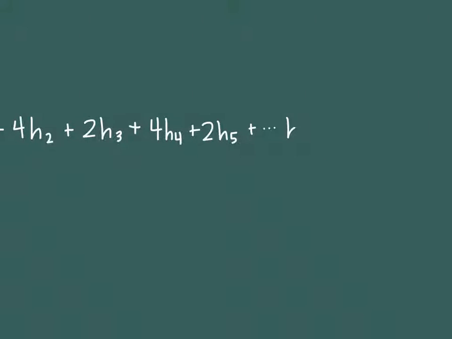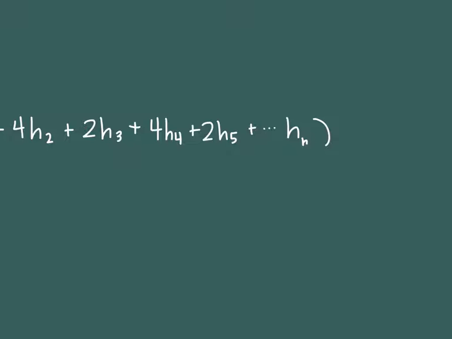And then the last one is just plain again. So like h sub n, or however far we get. Let's do n. There we go. So it's just 4, 2, 4, 2, 4, 2, except the first and the last ones are single.